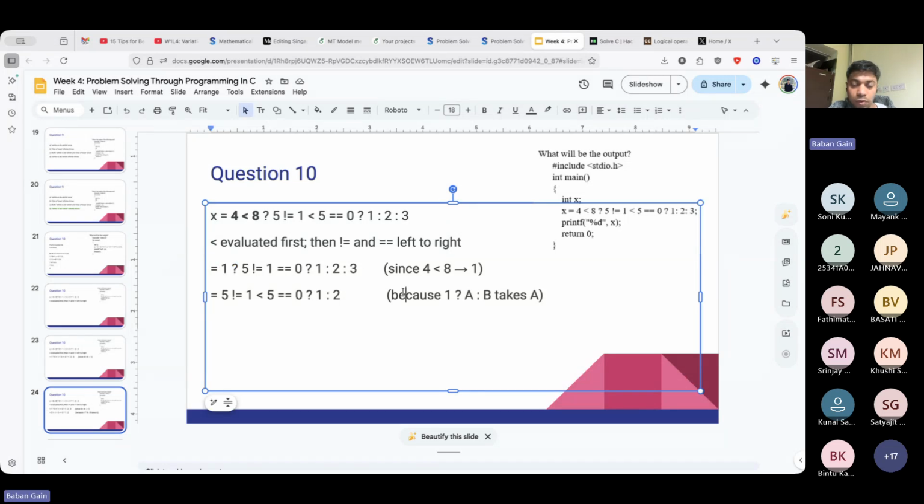Okay. So one thing to note here is that there is a colon B. So basically, what I'm saying is that, see, there are two question marks, right? Question mark here and question mark here, and there are two colons. So we have to connect this. After a question mark, there will be two values, right?